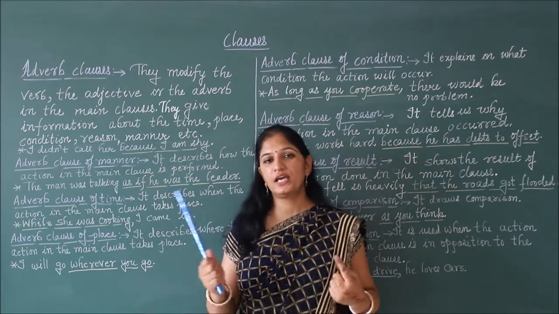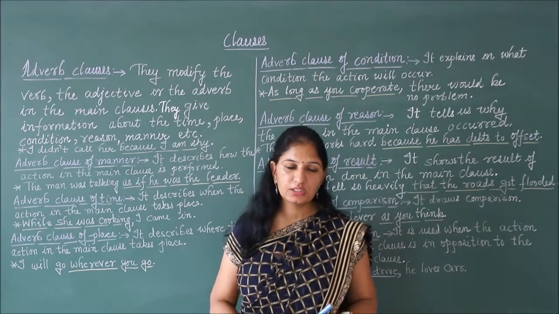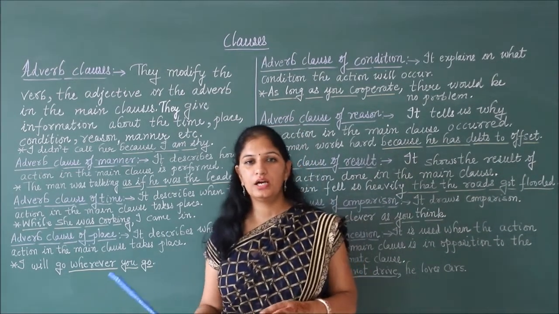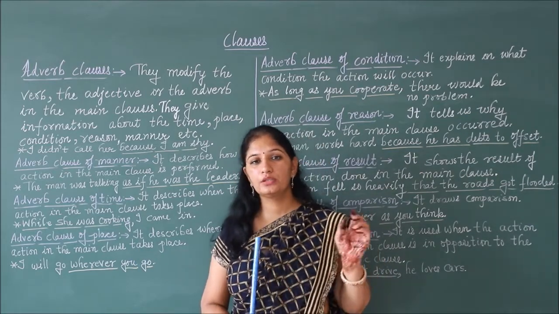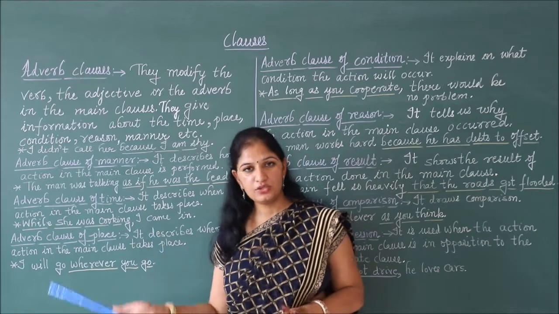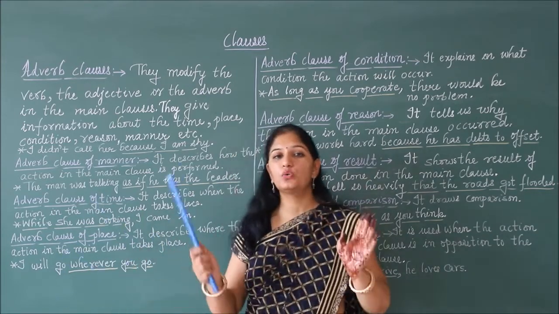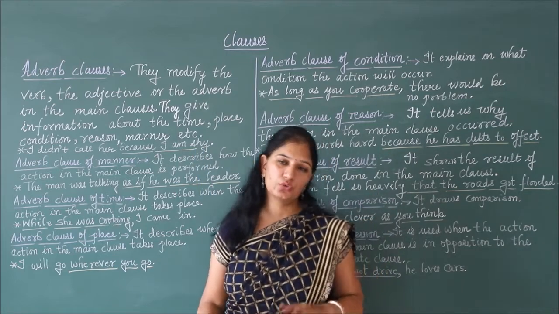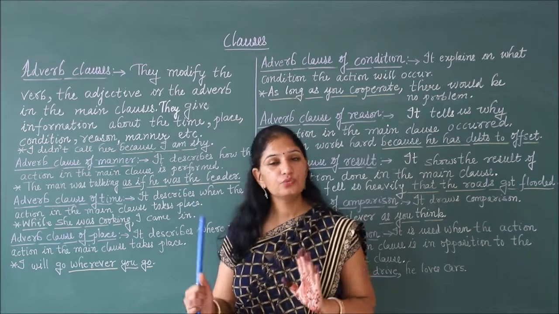Next was the adjective clause. Adjective clauses function as adjectives in the sentence, like this is the boy whom I met yesterday. So whom I met yesterday is describing the boy, which is a noun. So again, whom I met yesterday becomes an adjective clause.